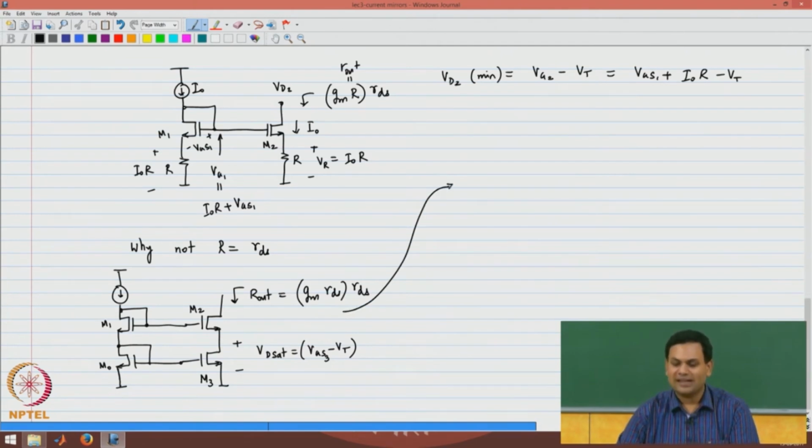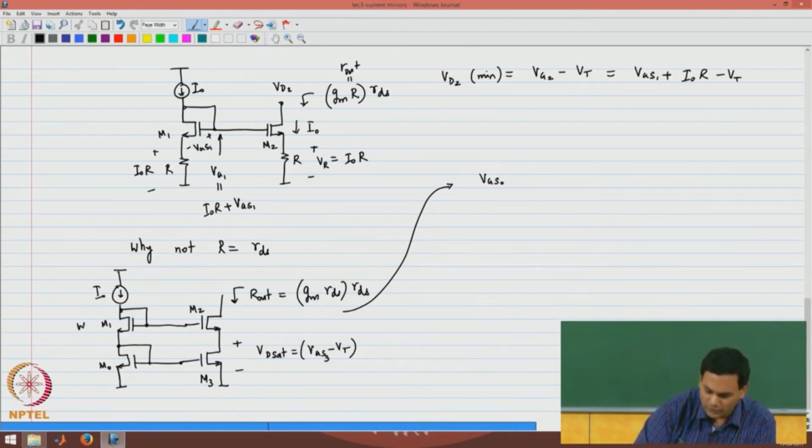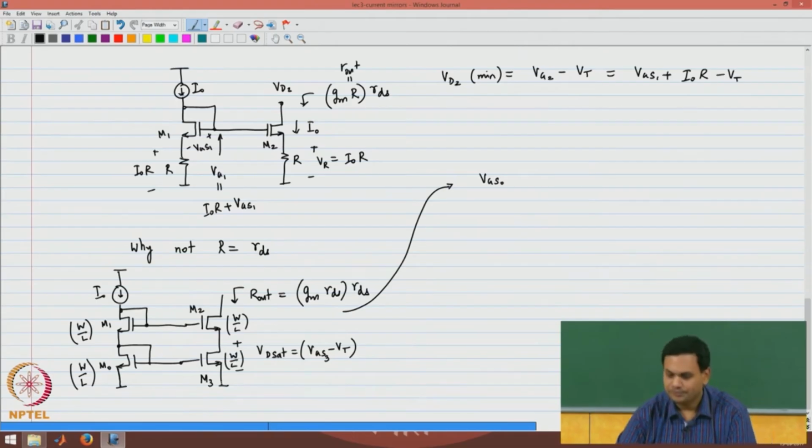I am going to do the analysis up here. So note that I am going to assume that all transistors have the same width and length. So note that VGS for all transistors 0 to 3 is nothing but VT plus VD sat.